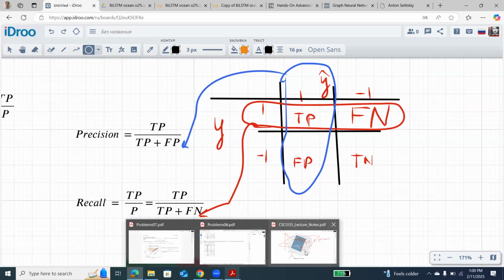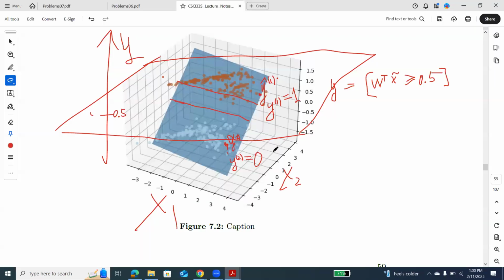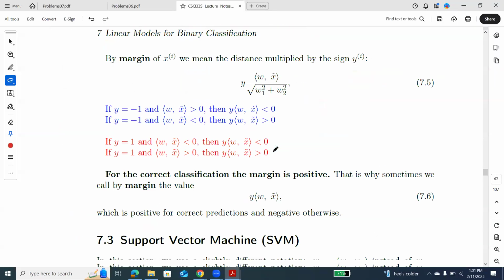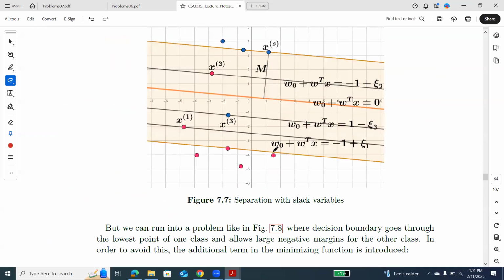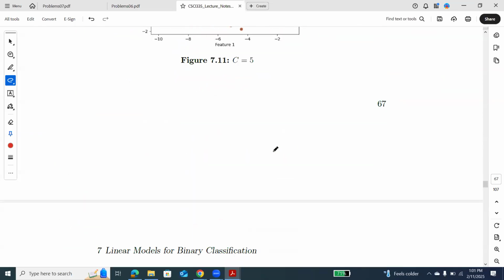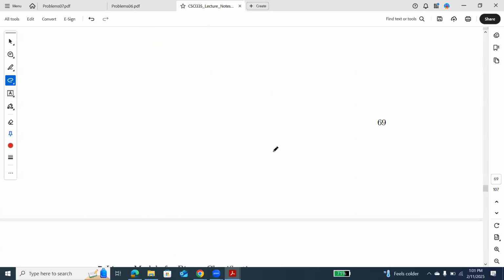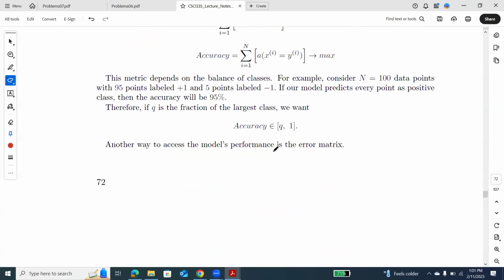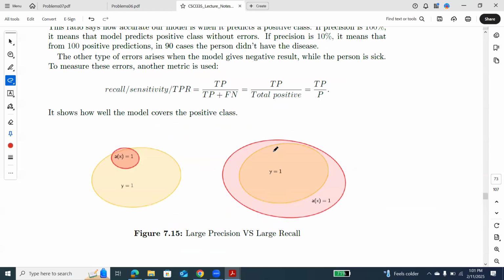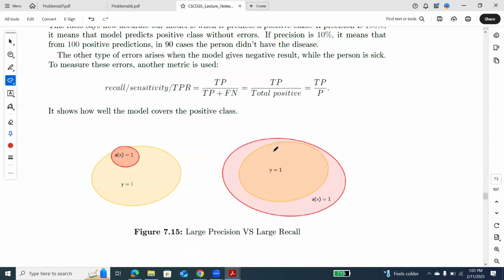It will be easier. Let's say we have two different cases.